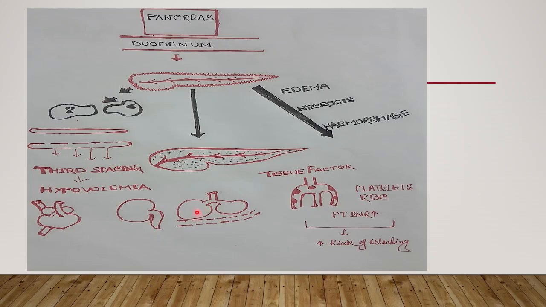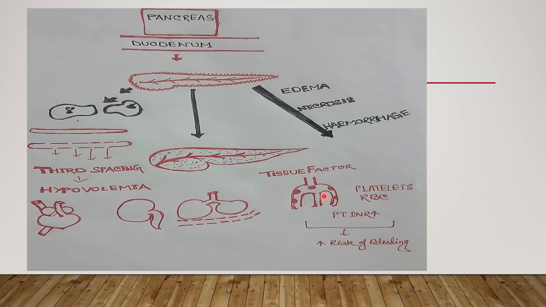Oxygen is decreased. When oxygen is decreased, the body tries to breathe fast. Then respiratory distress will be present, and also collapse of the lung. This is called atelectasis.